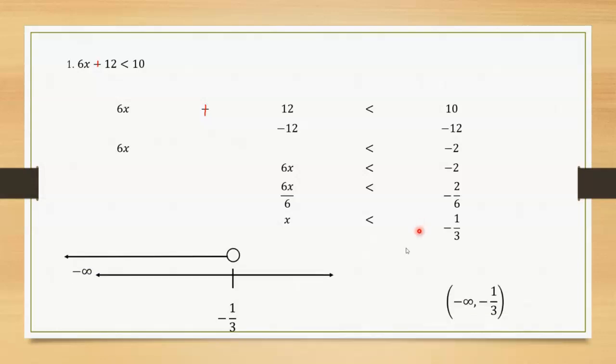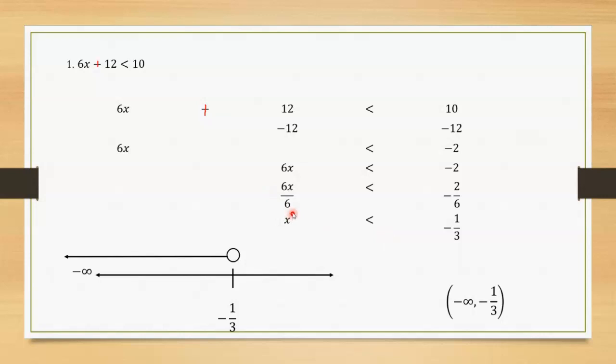Our solution set would be this. Remember, this figure 8 symbol is here, and since it has a minus, it's negative infinity. And we're looking at everything less than -1/3. That's why we have this notation. Don't you have to switch it from less than to greater than because of the division? Only when you divide by a negative.